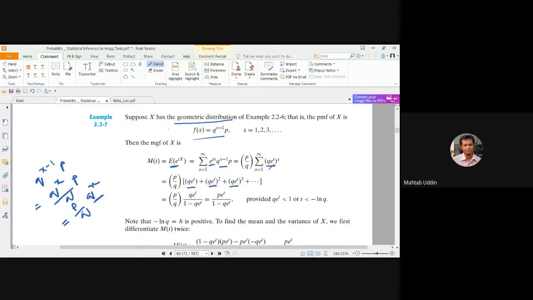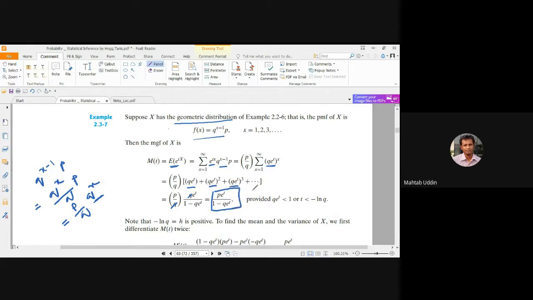For the infinite geometric series, we know the sum is the first term divided by 1 minus the ratio. You can see this is increasing in the same ratio. Then q cancels, and you will get p e to the t by 1 minus q e to the t.